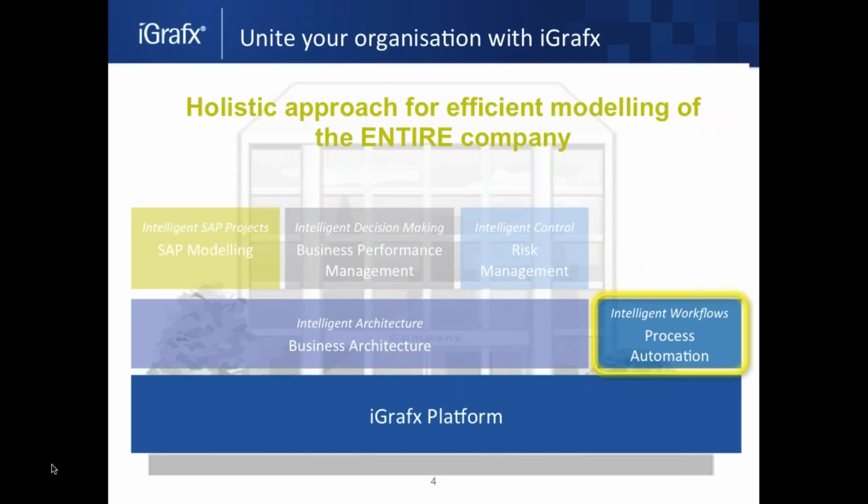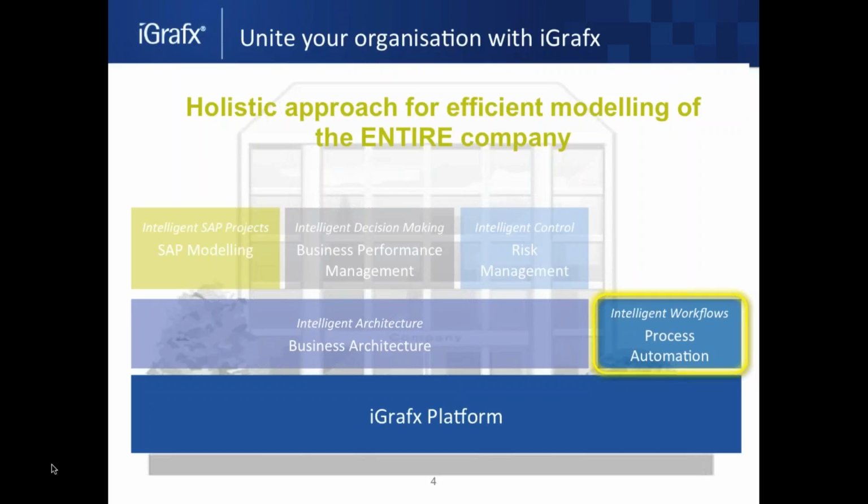So what we see here, and the intent of the slide, is actually to bring us all together on the same page so that we all have the same understanding of the iGrafx capabilities and what we do at iGrafx. Thus, we have this quick overview of the holistic approach that we provide.